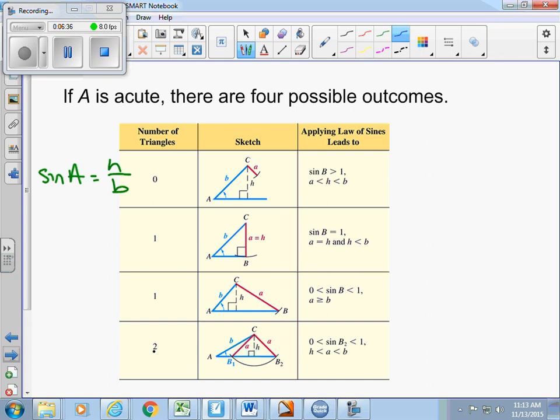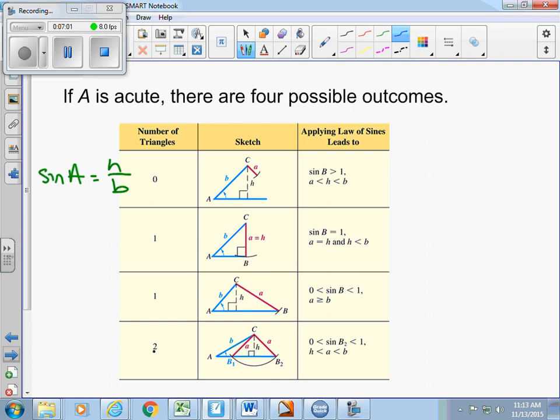The other case is where the height equals the other side. In that case, there's one triangle, it's a right triangle, right? If the height equals that side, then you have a right triangle. And there is one triangle that fits that, and you could just use your right triangle trigonometry to solve that triangle if you wanted, because it's a right triangle.